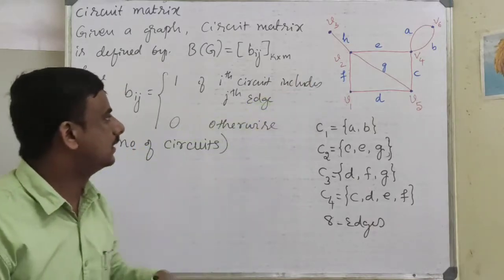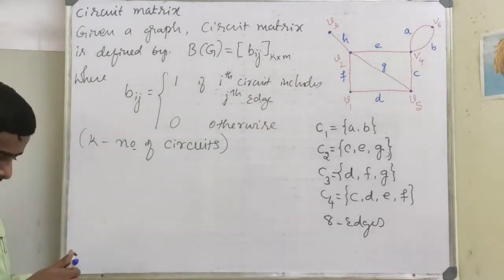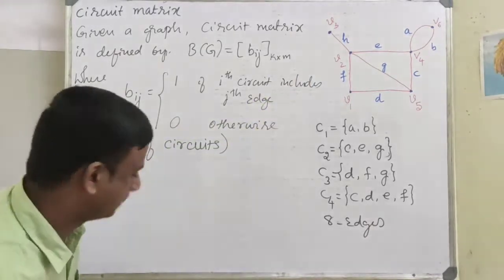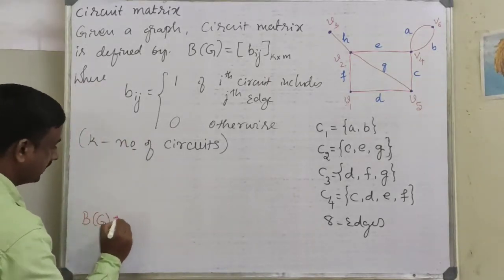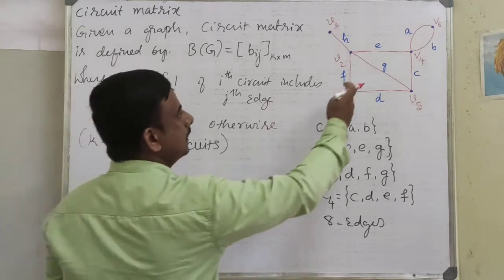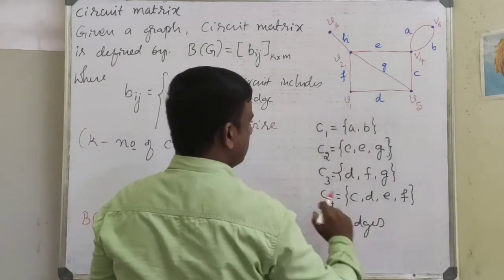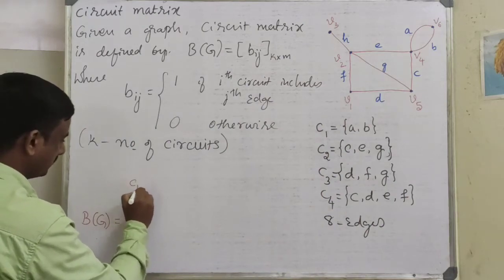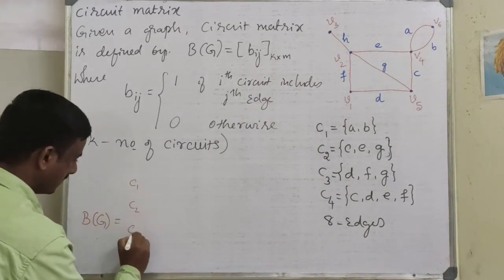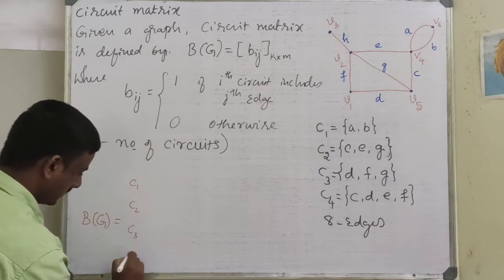Now let us write the circuit matrix for this. B of G equal to, so rows represent circuits: C1, C2, C3, C4.